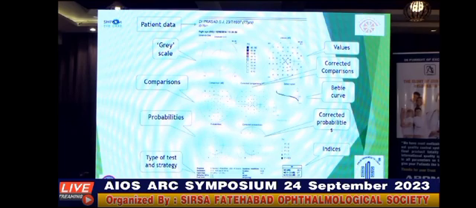In an Octopus, the reliability indices are called the catch trials and are placed within the reproducibility of the field. We then look at the grayscale, the comparison and the corrected comparisons, the probabilities and the corrected probabilities, the raw data, the indices, and lastly the Bebie curve.